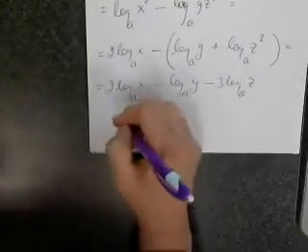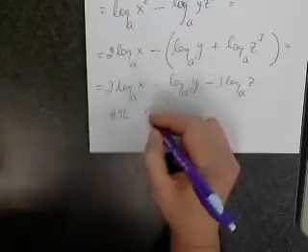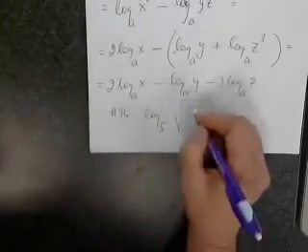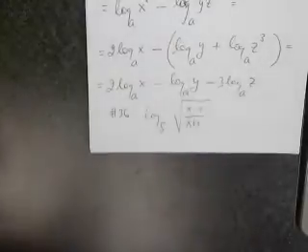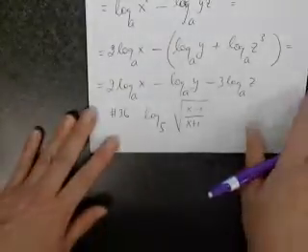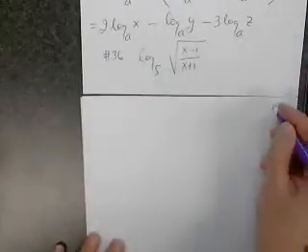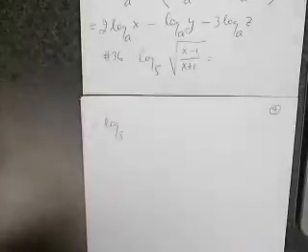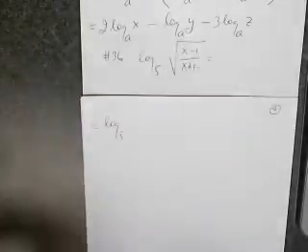36 it is. And in 36 we have log base 5 of the square root of x minus 1 over x plus 1. Since there is a power involved in there, what power? What power? Exactly. Very good.